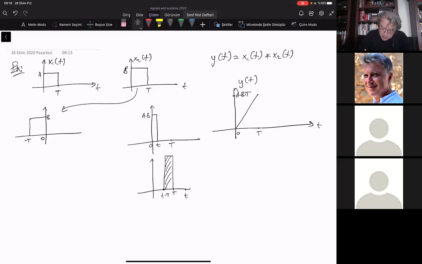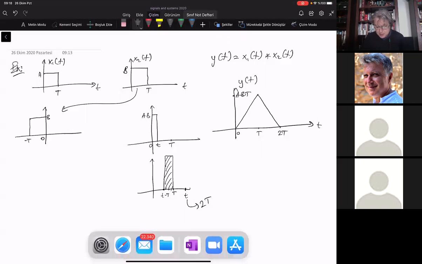And now we are dealing with some smaller areas. As this t point increases up to capital T, this rectangle will be narrower and narrower, and it will shrink down to 0 when t reaches 2 capital T. Okay, so when you reach 2 capital T, it will linearly decrease back.